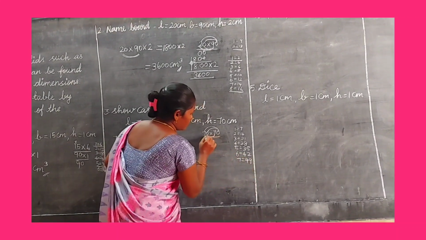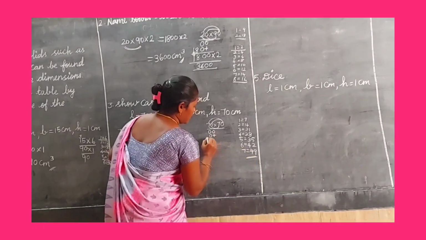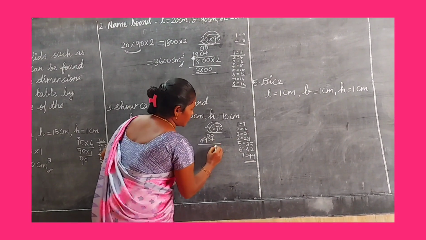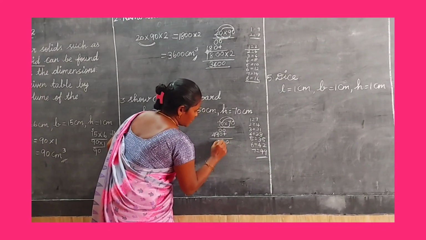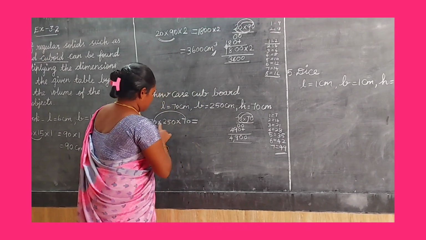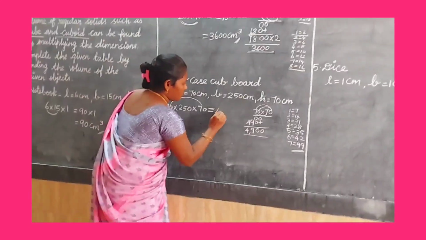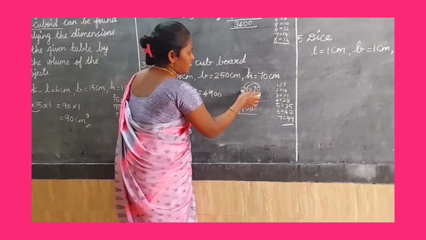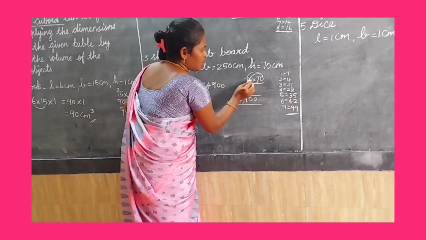So 7 sevens are 49 is the answer. So we write 49. Add the value 0, 0, 9, 4. So 4900 is the 70 into 70 value.